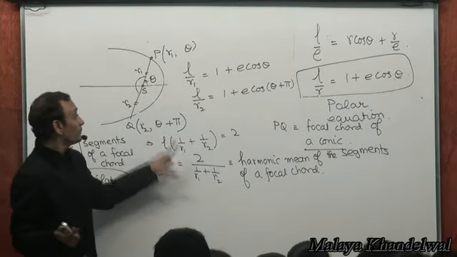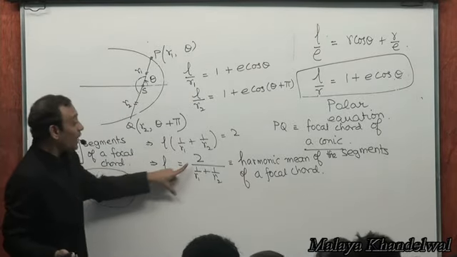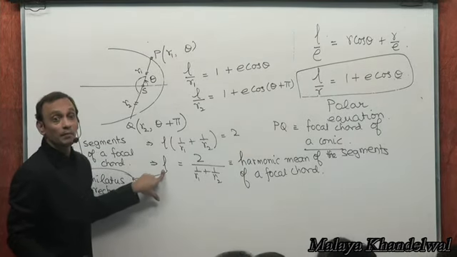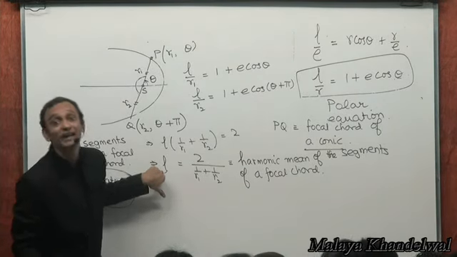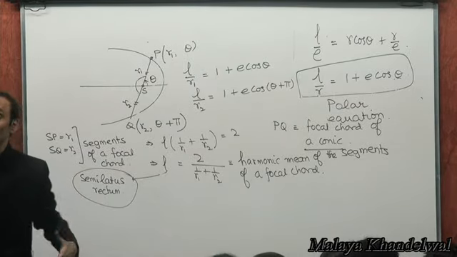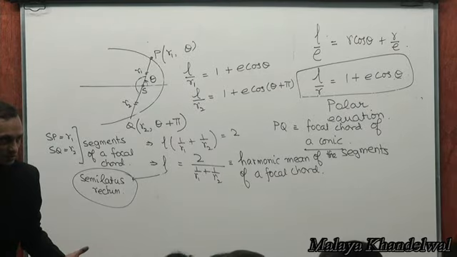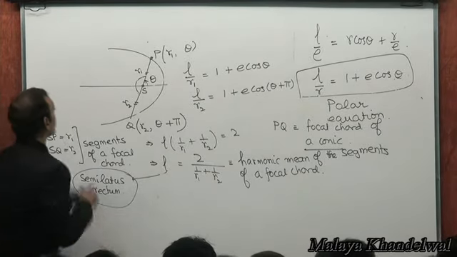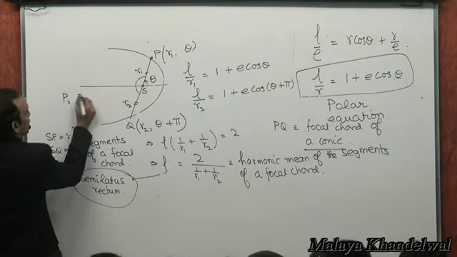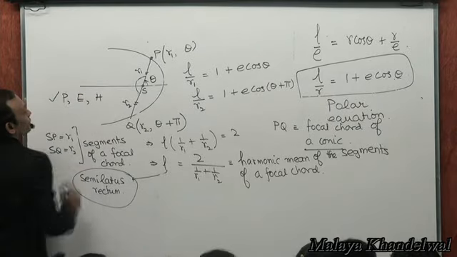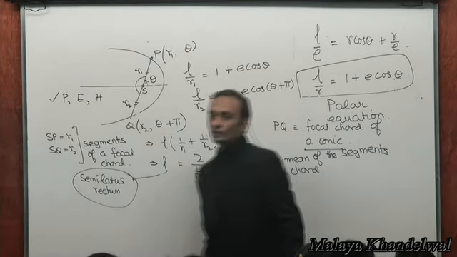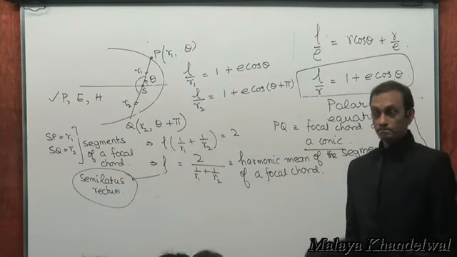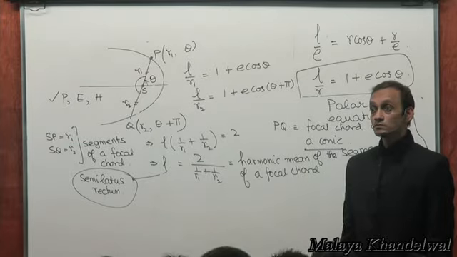If you take any focal chord, then the harmonic mean of the segments of any focal chord will be the same number, equal to the semi-latus rectum. The latus rectum would be double of this. Very useful property, true for parabola, ellipse, hyperbola, all of them. Sounds good?